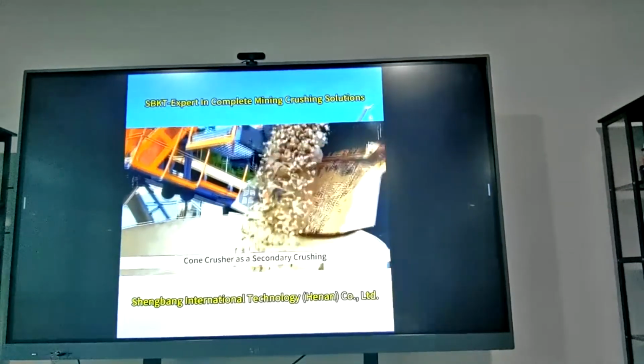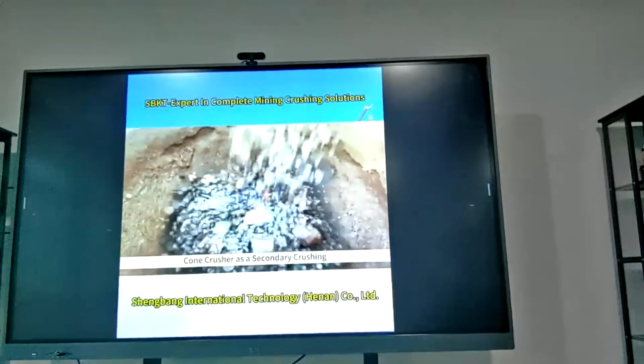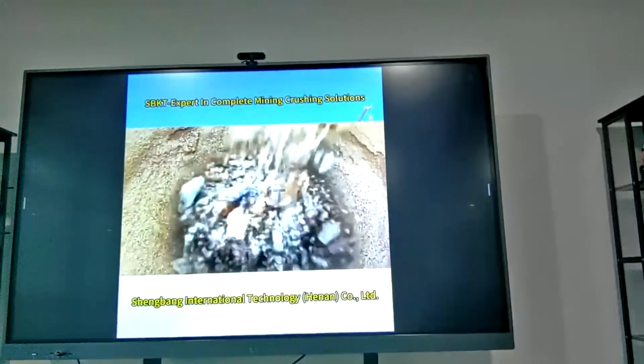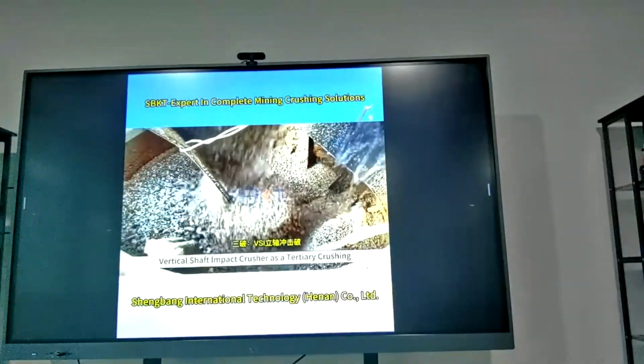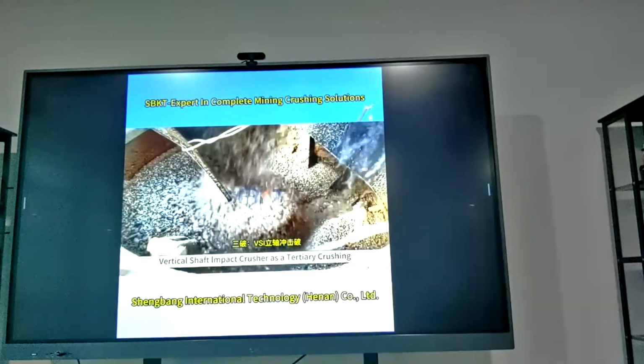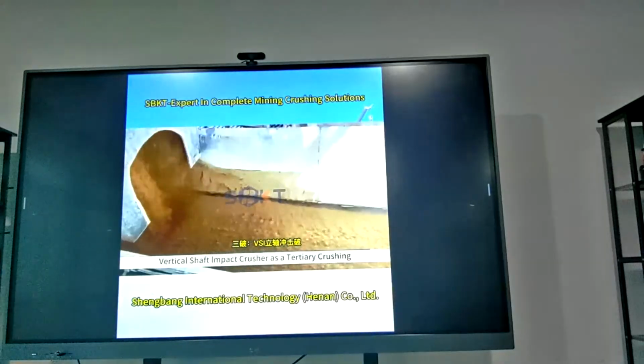Actually, except these two types of jaw crusher, there is also one more type, which is the fine jaw crusher.